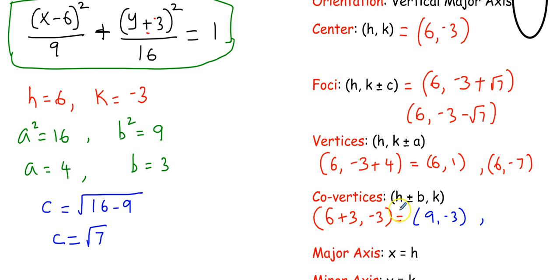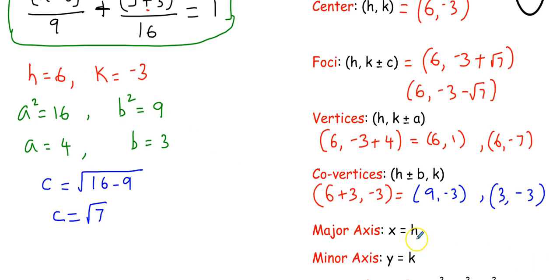I have to take away b, so that is 6 minus 3, which is (3, negative 3). And then the major axis: the equation of the major axis is x equal to h, that is x equal to 6, and the equation of the minor axis is y is equal to k, that is negative 3.